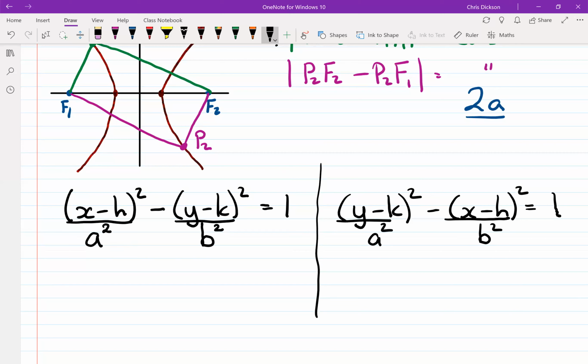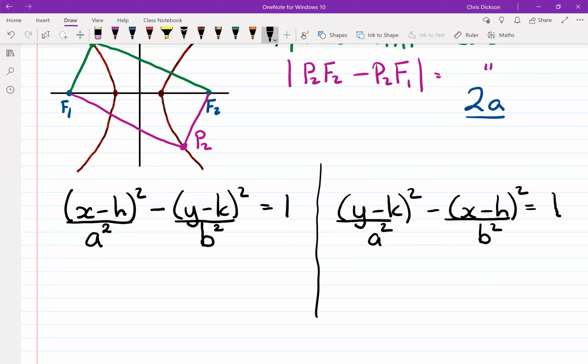Now, here's the part we need to be careful about. In the ellipse, the longer axis, the major axis, was always the a value, and the shorter axis, the minor axis, was always the b value. With hyperbolas, it has nothing to do with how big or small the number is. It has to do with which term is positive. We'll give you some examples in a second, but you want to make sure you don't get that confused because it can easily make you draw the wrong picture.